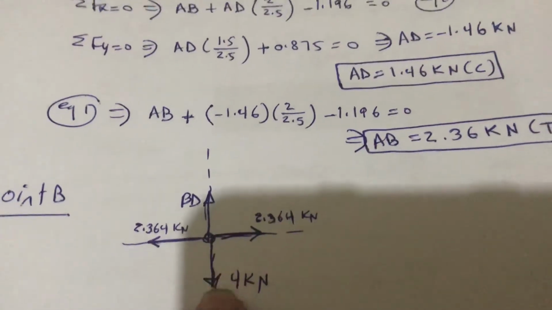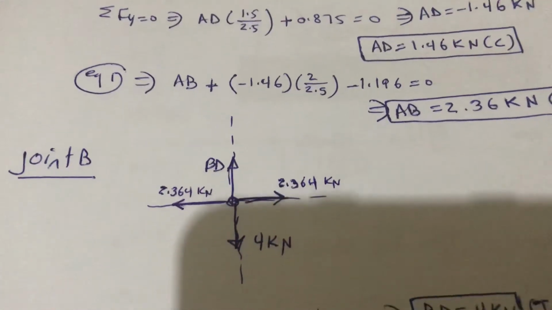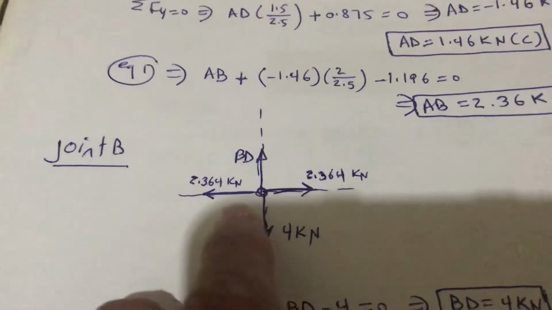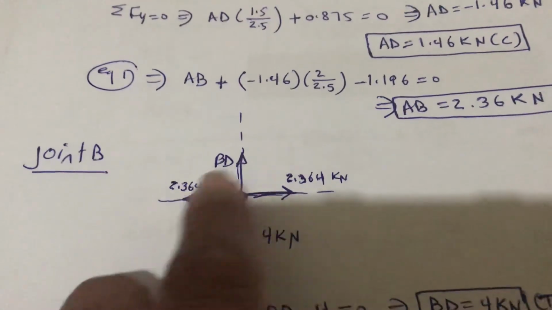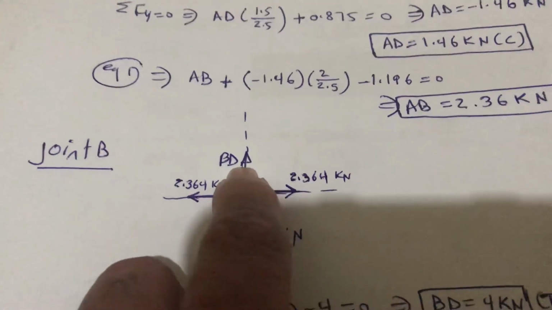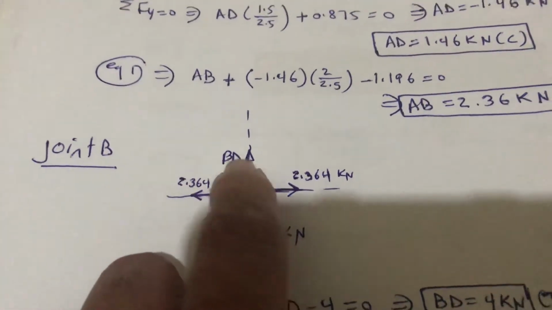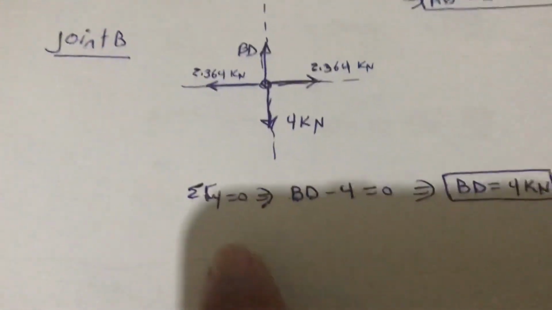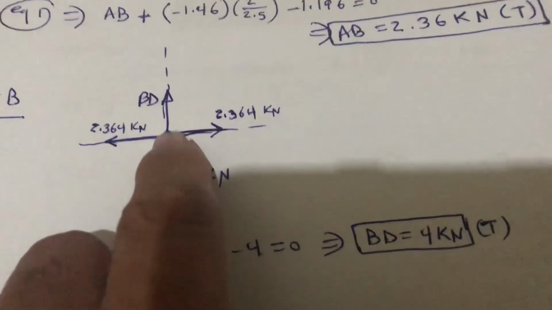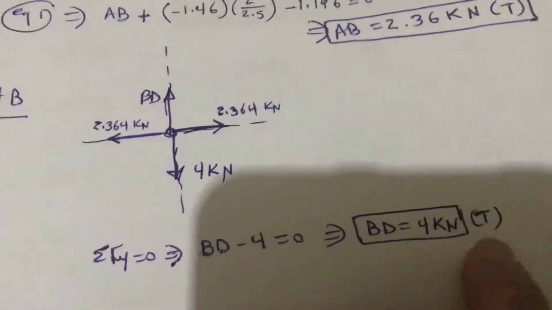And we have also 4 kilonewton down. From this, you don't have to find summation of forces in x equal to 0, because we don't care about that. We care about BD, so find summation of forces in y equal to 0. BD is equal to 4 kilonewton. And since we assumed it's tension and it's plus, it is tension.